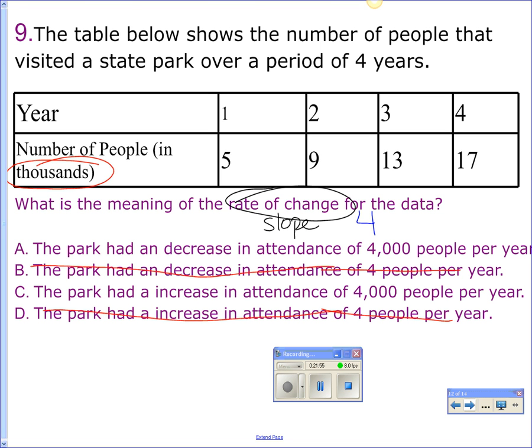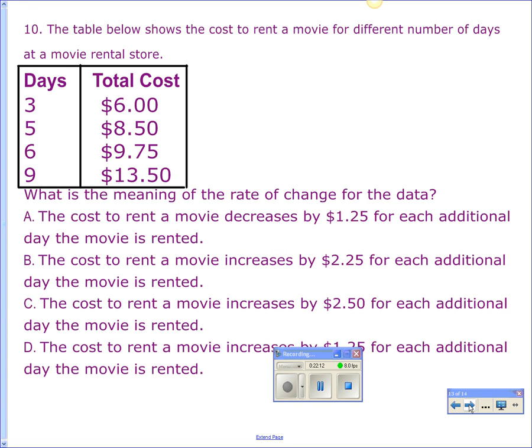So decrease means it's going down. Increase means going up. Which one is it doing? Increasing. Okay. All right.